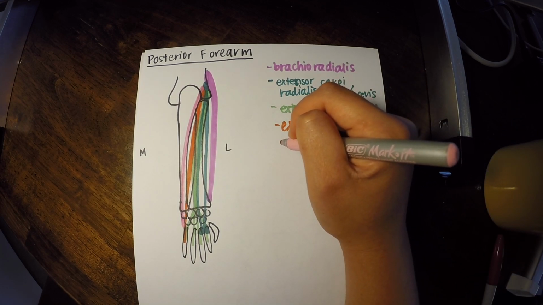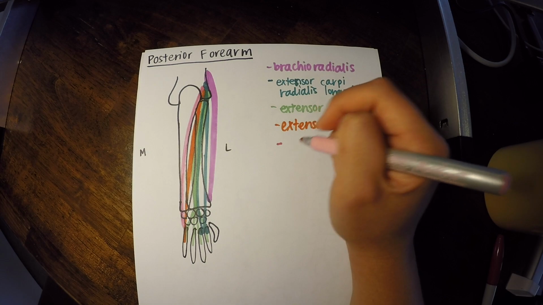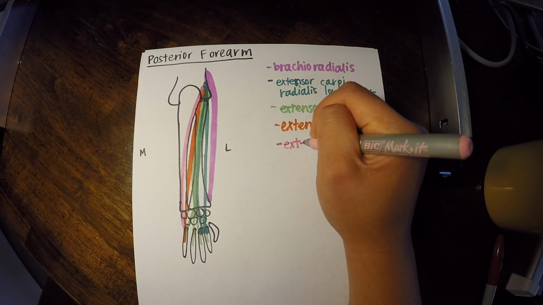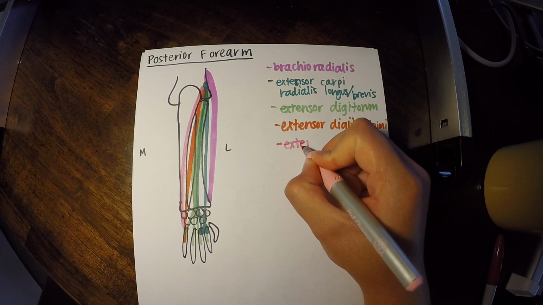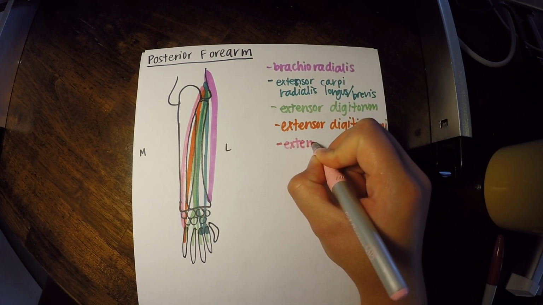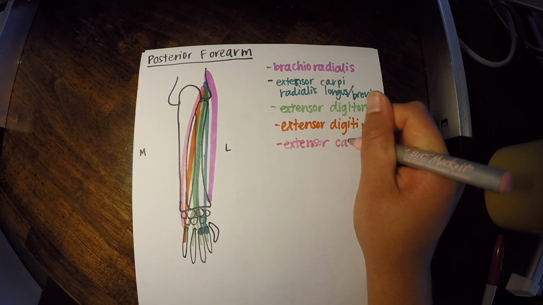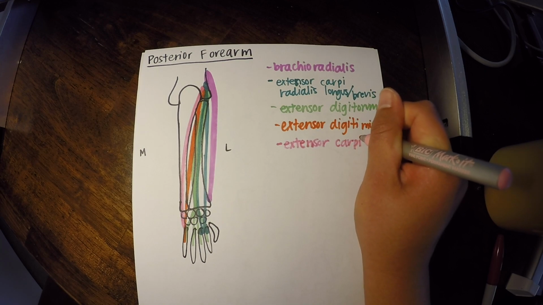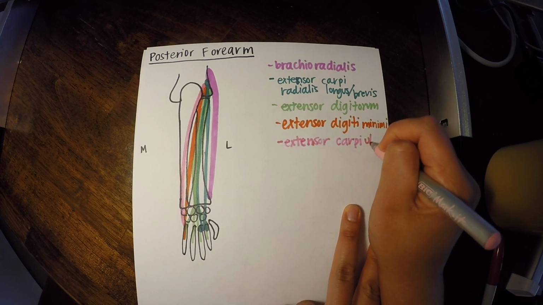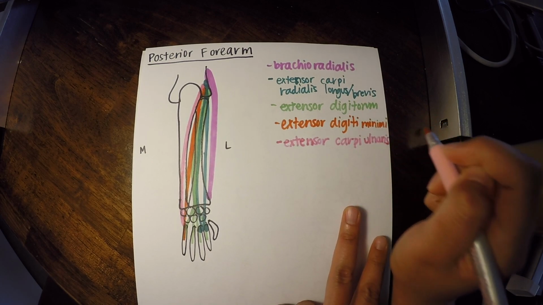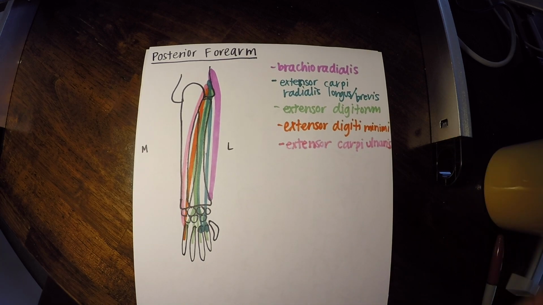And it's kind of analogous to the extensor carpi radialis on the other side. So that's our extensor carpi ulnaris. That also serves to extend the wrist. So pretty much all of these extend the wrist other than brachioradialis.